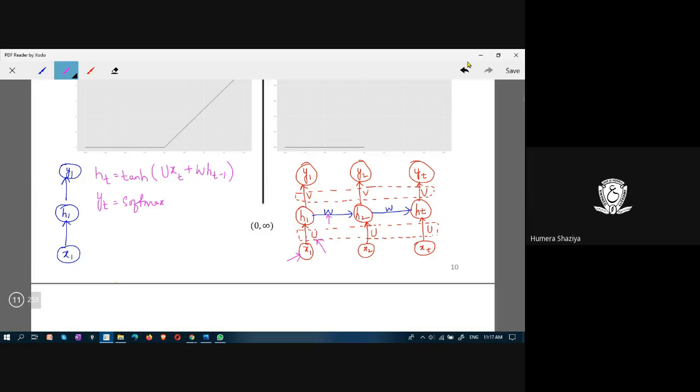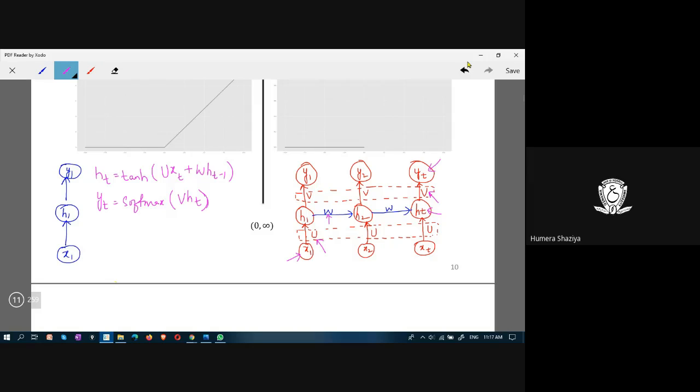And Yt equals softmax, which is the activation function at the output layer, of V Ht. This is V, because we are at Yt, and this is Ht.